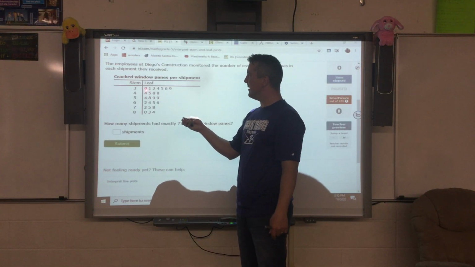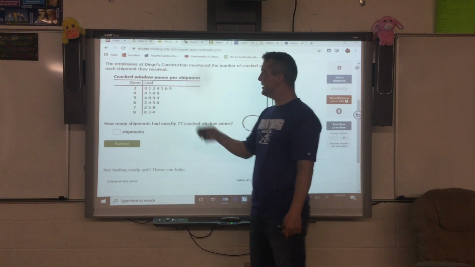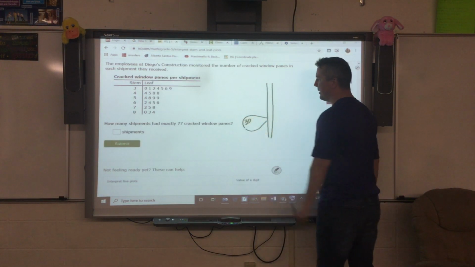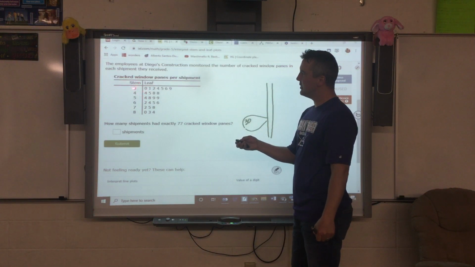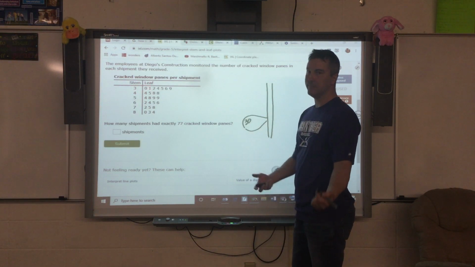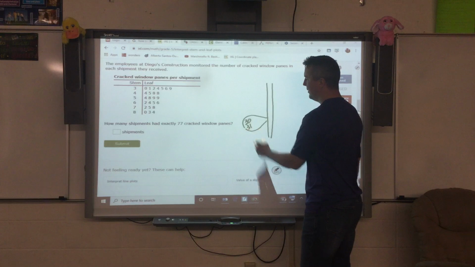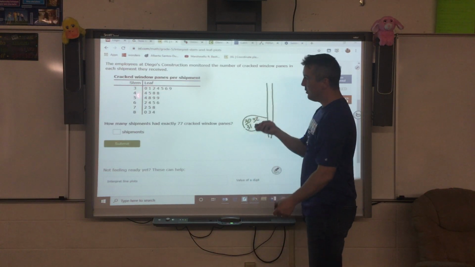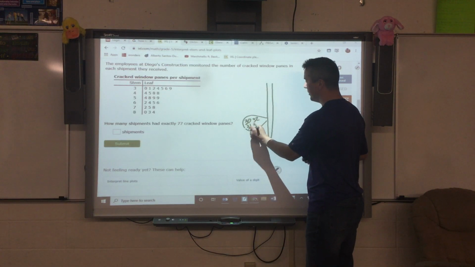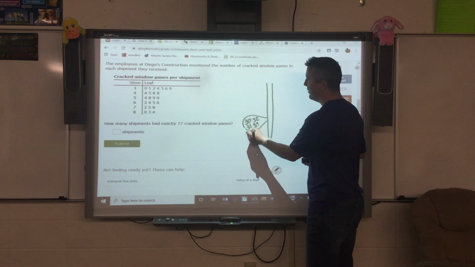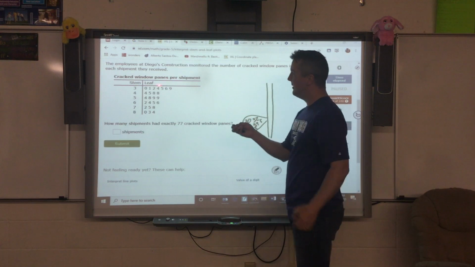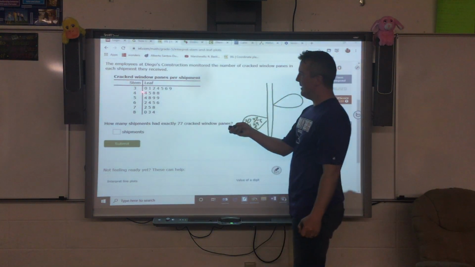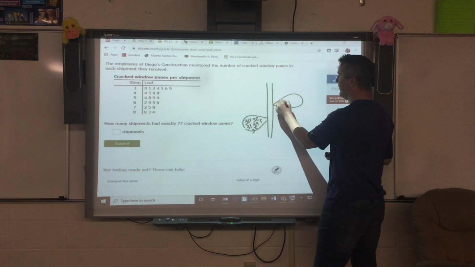This leaf over here, I have 3, 0. What 3, 0 represents is 30. Well, if 3, 0 is 30, what's 3, 1? 31. What's 3, 2? 32. 3, 4? You guessed it, 34, 35, 36, 39. Now, if I go to the 4 stem, I have 4, 4, 44.